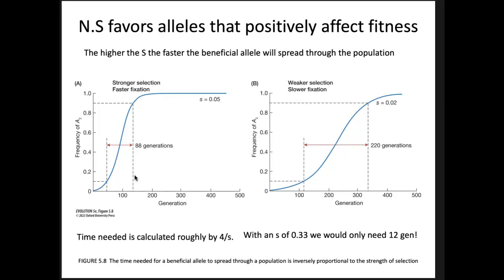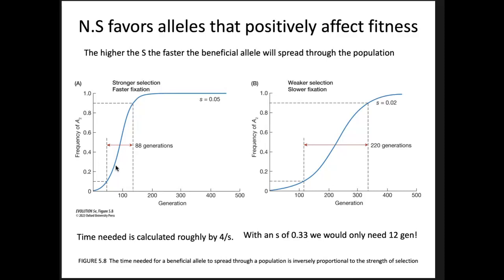The way that we calculate how long it's going to take for that allele, in terms of generations, to be fixed in the population is we simply divide 4 by S. In this example, the S is 0.05. If we divide 4 by 0.05, then we see that it's going to take 88 generations for something that is being positively selected for with a selection coefficient of 0.05 to become fixed in the population.